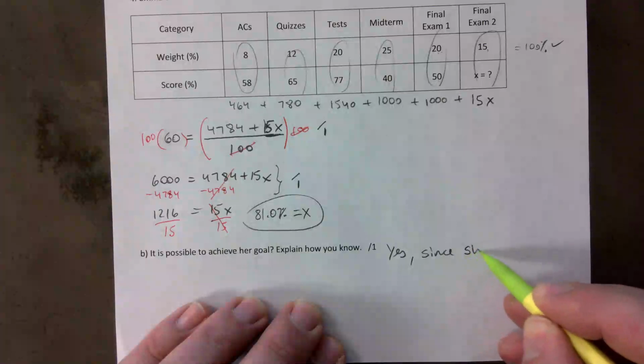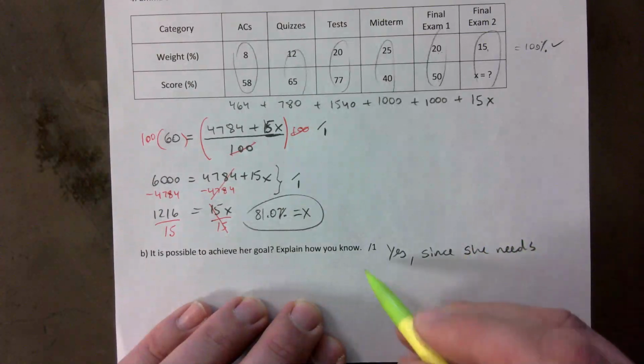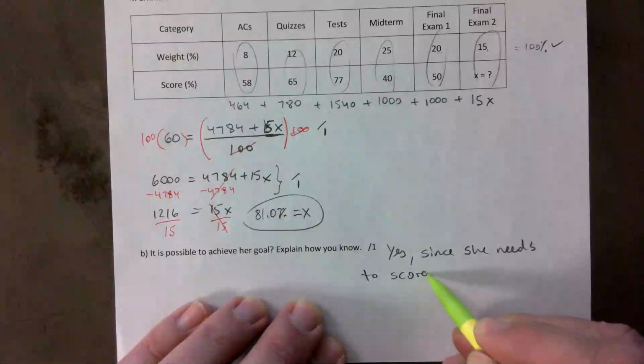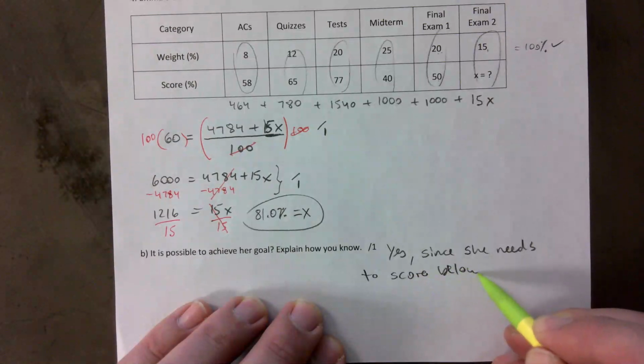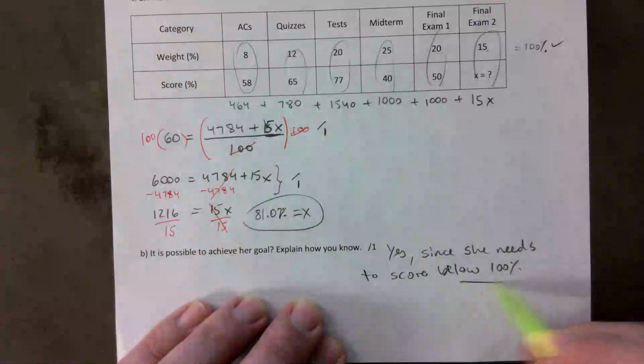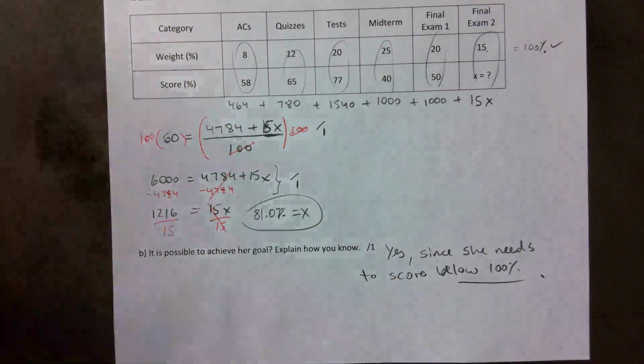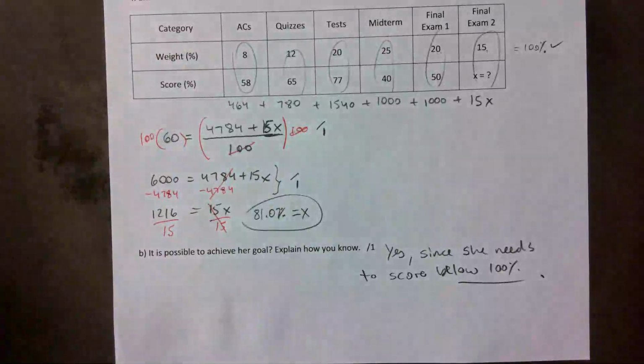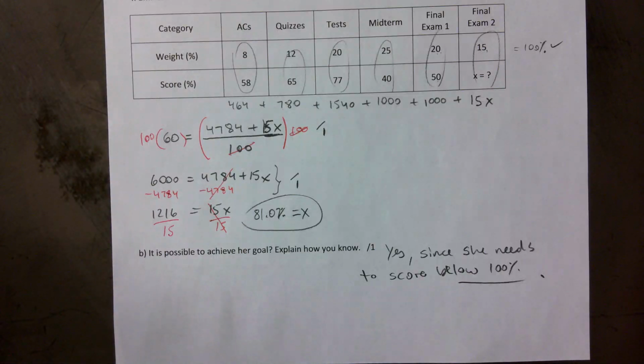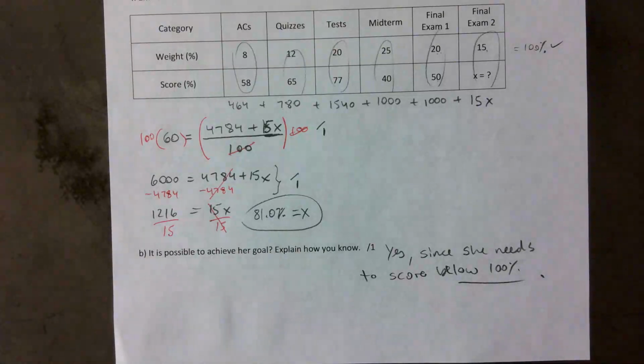Since she needs to score below 100%. Is it reasonable? Yeah, she got a 77. 77 is close to 81, yeah? Yeah. I think that one is very subjective, but this one you can answer, right? If it's under 100, it's possible.